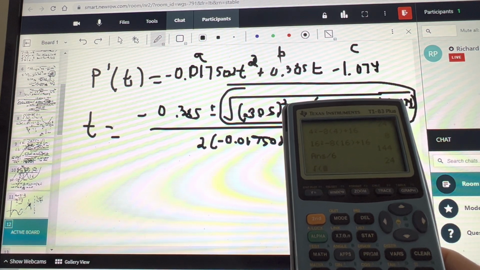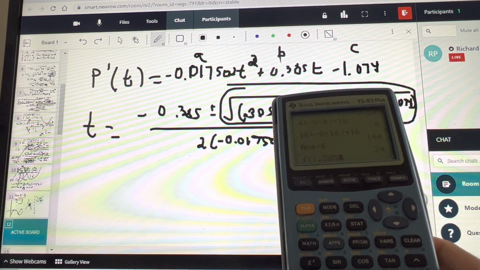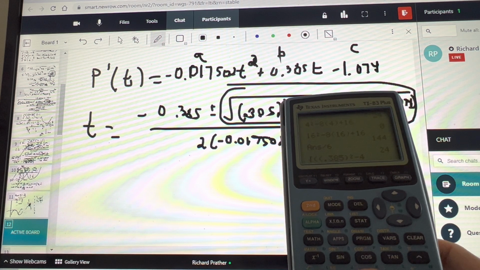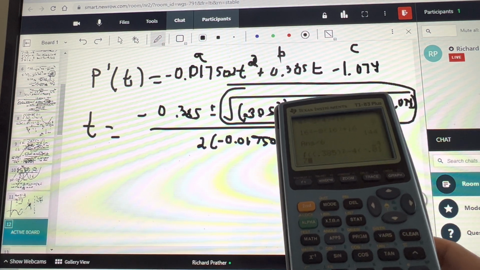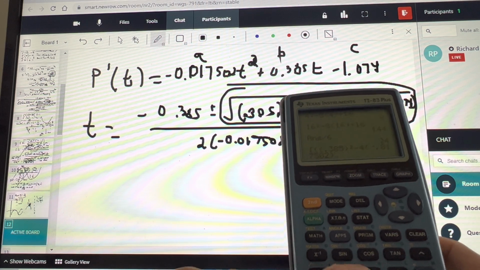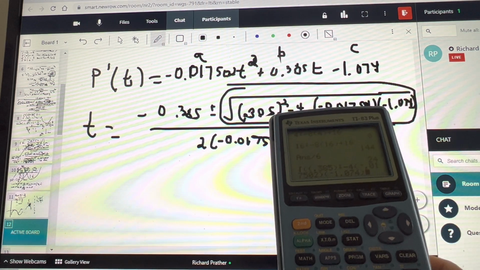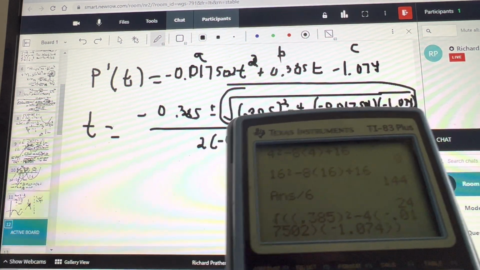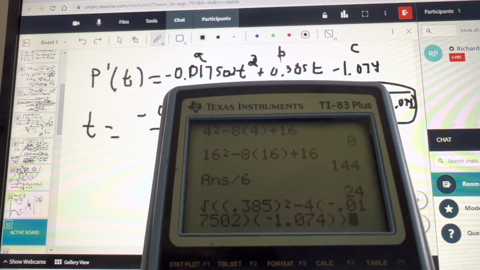So I'm going to put another parenthesis for the 0.385, close that parenthesis and square it, minus 4, parenthesis negative 0.017502, and then another parenthesis negative 1.074, and then I close the parenthesis for that, and I'm going to close the parenthesis for the whole radical. So by typing it in like this, I get that whole value.